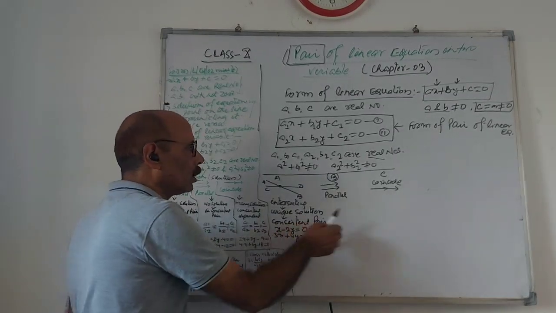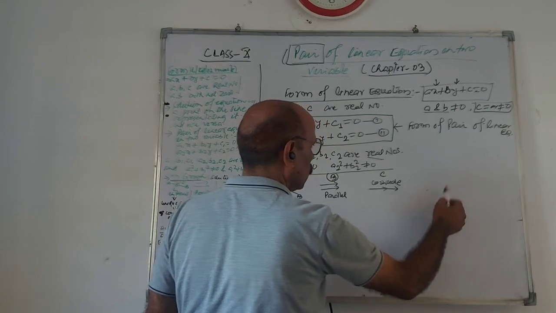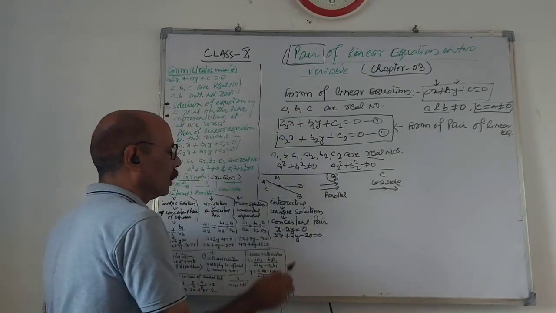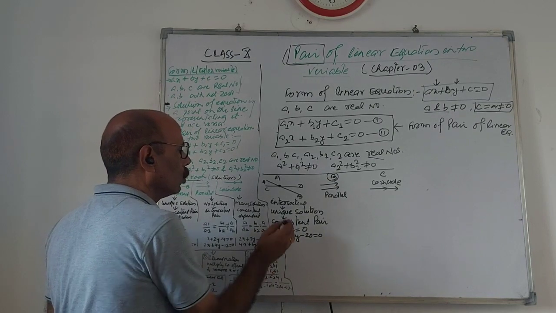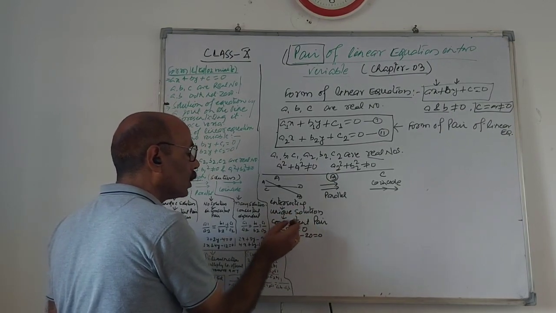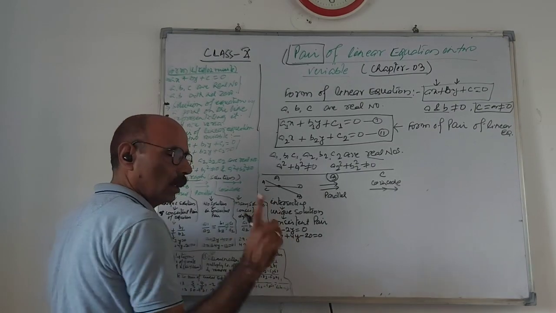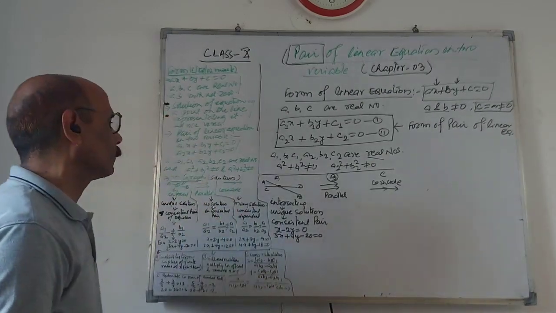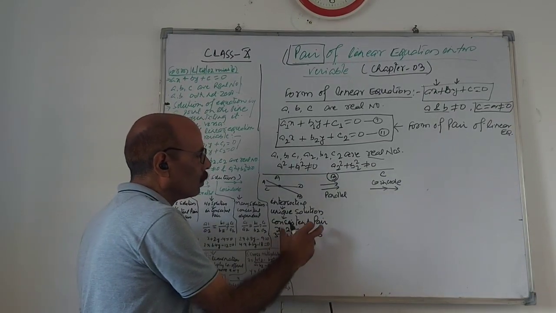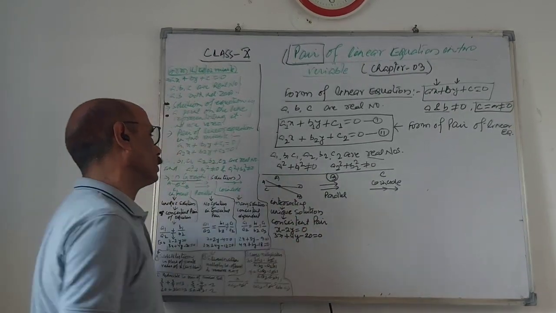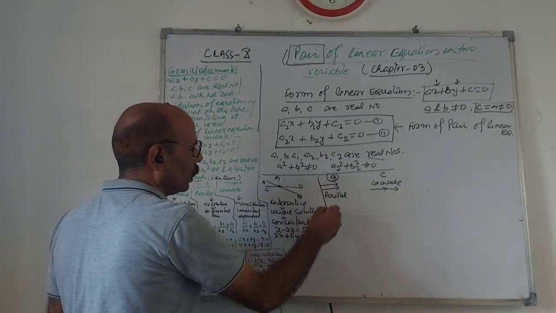If you draw these equations on the graph sheet, both lines will intersect at a place. Therefore these equations will have a unique solution for x and y, one solution will be there. And this type of equation will be called a consistent pair of linear equations. Okay? Now come to another.